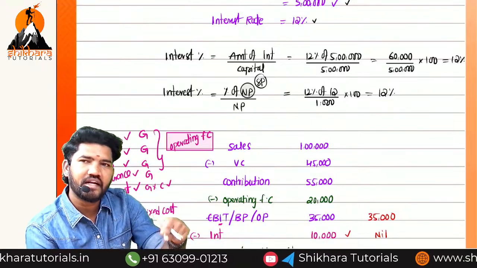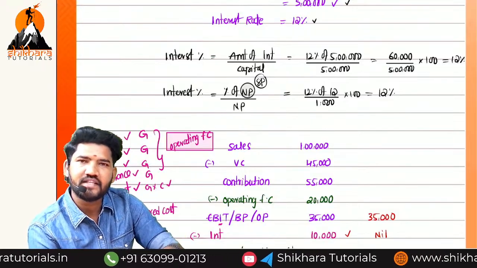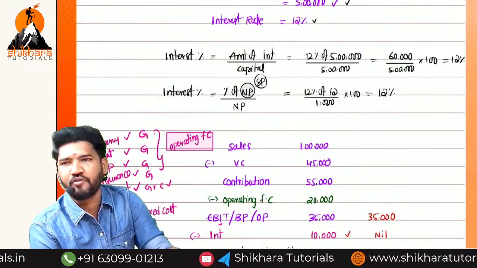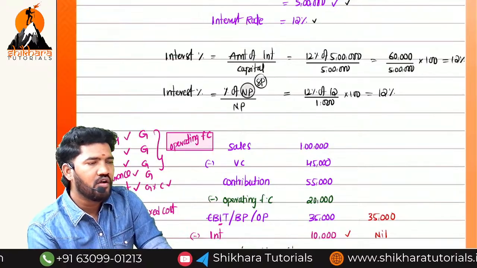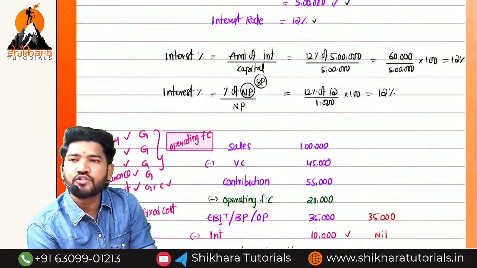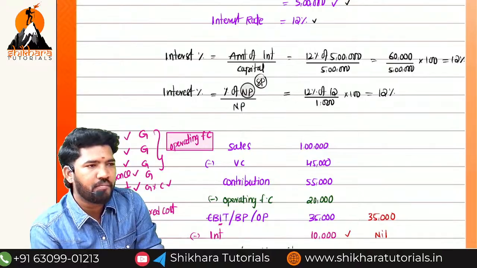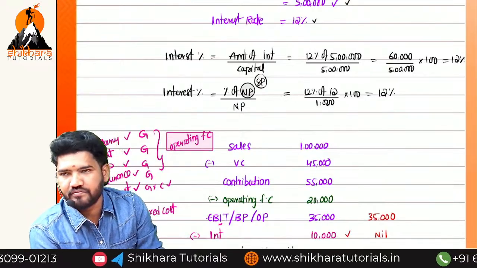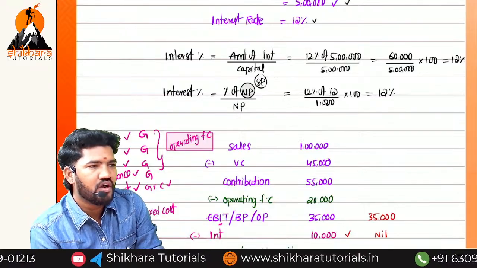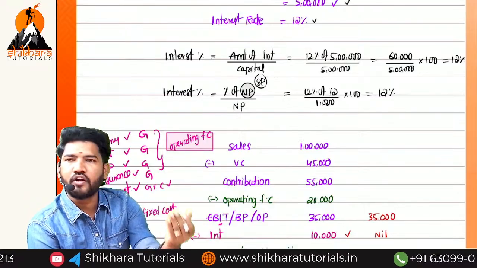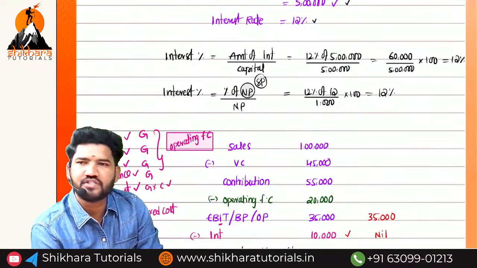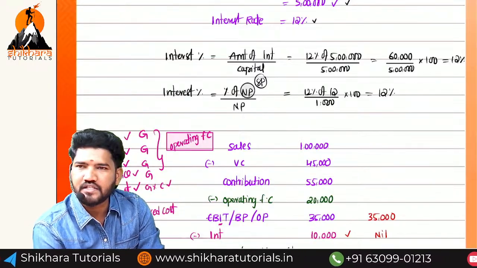Sometimes I sell at a discount, less than the book value. Sometimes at a premium, more than the book value. That is called the issue price. After the issue price, sometimes we pay an underwriting commission, that is called flotation cost. By considering the net amount received for the sale of one debenture, that is called net proceeds.